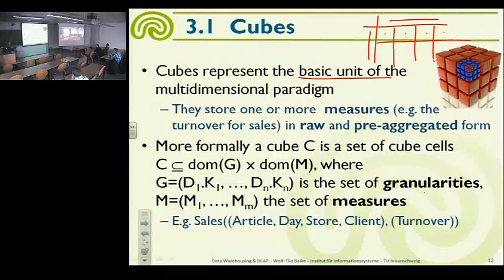So you might have the revenue, which is the total net price. You might have different measures, so you might look at the taxes, for instance. So you might have different measures that assess the same fact.